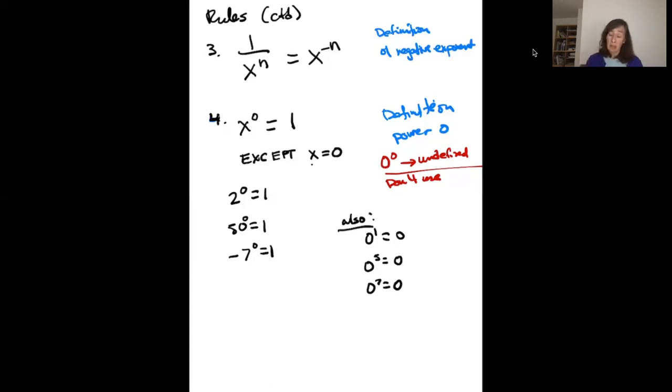You can't take 0 to the power 0, because it doesn't make sense, it's undefined. And we also can't take 0 to a negative power, because that would be putting it in the denominator. So 0 to the power n is fine as long as n is strictly greater than 0.